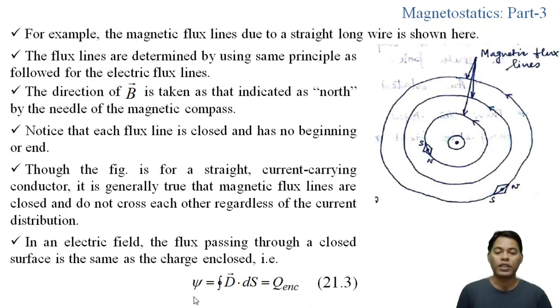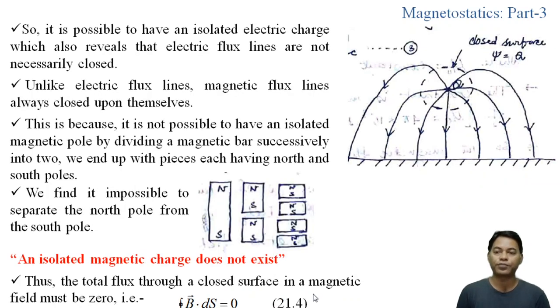From this equation we can understand that electrostatic charges, either positive or negative, can exist alone.